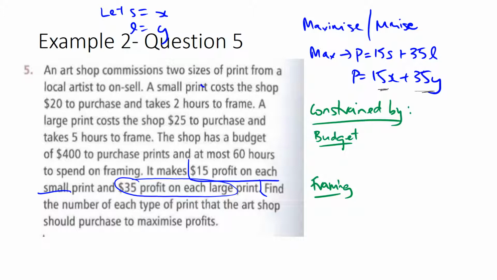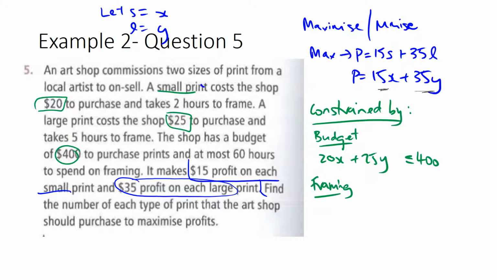Okay. Budget is $400, so that needs to be less than or equal to $400. How do you get that $400? You get it by 20x and you get it by 25y. Okay.